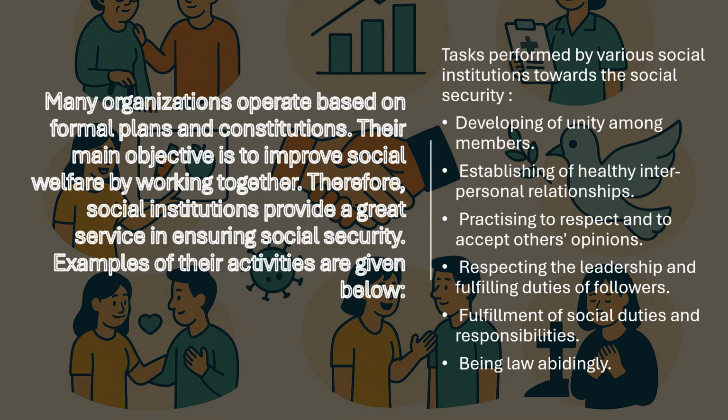Tasks performed by various social institutions towards social security are developing of unity among members, establishing of healthy interpersonal relationships, practicing to respect and to accept others' opinions, respecting the leadership and fulfilling duties of followers, fulfillment of social duties and responsibilities, and being law obedient.